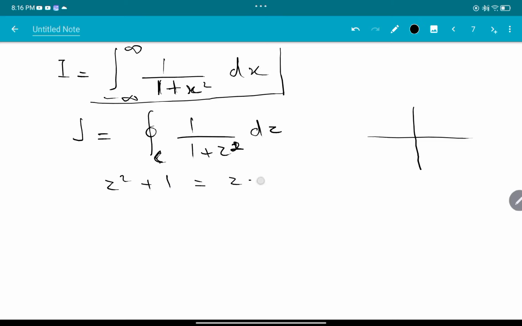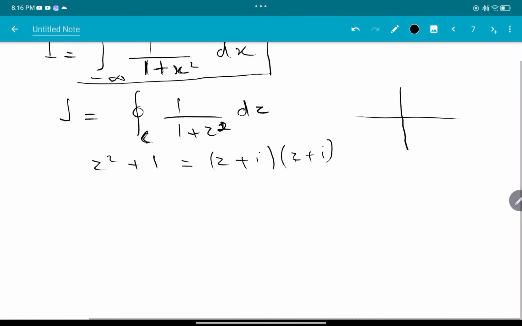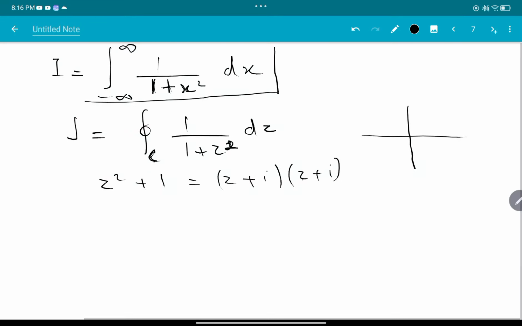That gives us z plus i into z minus i. Two factors, you can check: z plus i, z minus i. Z square minus i square, and minus i square is 1, so z square plus 1.